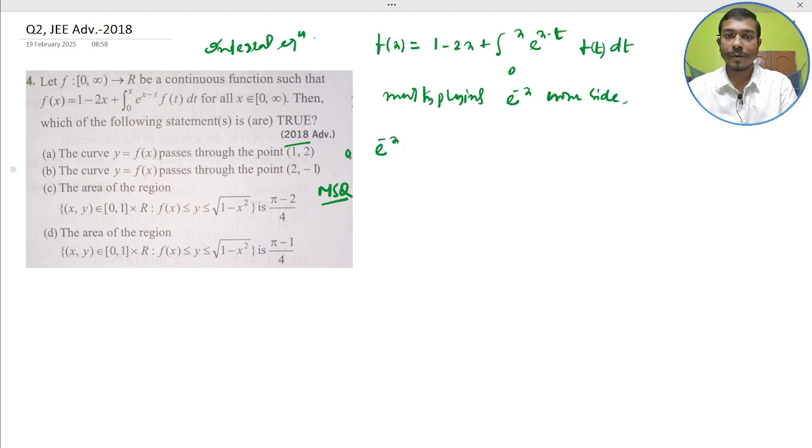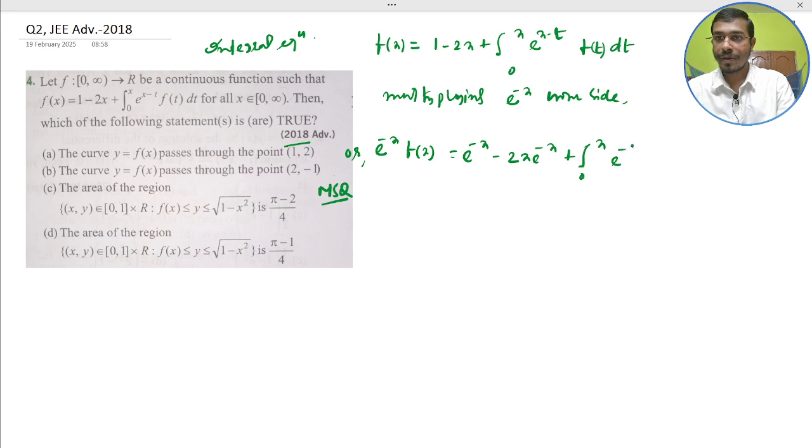The e to the power minus x f(x) is equal to e to the power minus x minus 2x e to the power minus x plus the integral from 0 to x of e to the power minus t f(t) dt.